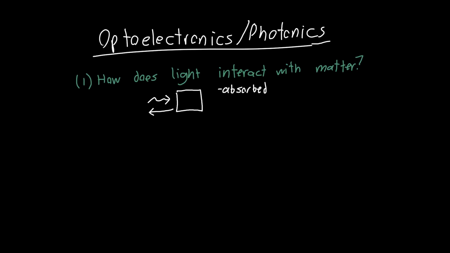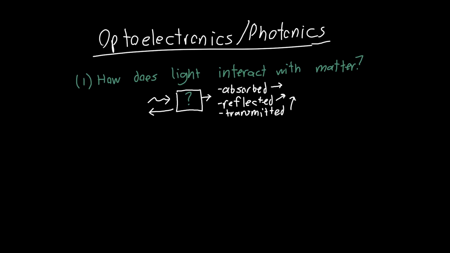Some might get reflected back to our eyes, so we can actually see it. And depending on the material, some might get transmitted through it. So materials can be transparent, for example. And so we're interested in what's happening exactly inside this black box. So what does the process of absorption, reflection, and transmission look like?